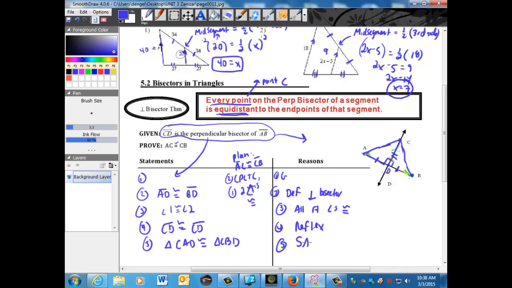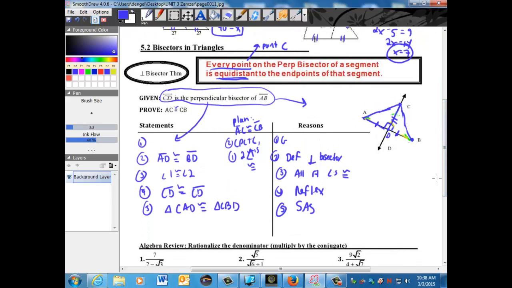Well, it's going to be side angle side. And then last but not least, statement 6, I can now say that segment AC is congruent equal to segment CB, which is what we were trying to prove. Let's draw down our arrow. And that's going to be because of CPCTC.